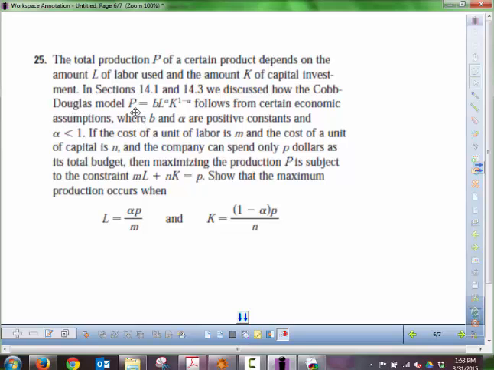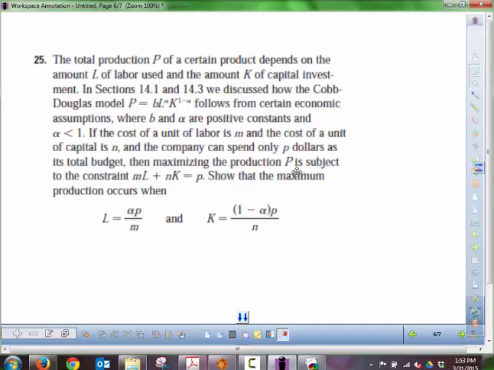Cobb-Douglas model. P, the production, is equal to this. It follows from certain economic assumptions that A and alpha, or B and alpha, are positive constants. Cost of unit labor. And so, yeah, I don't think we can do this.